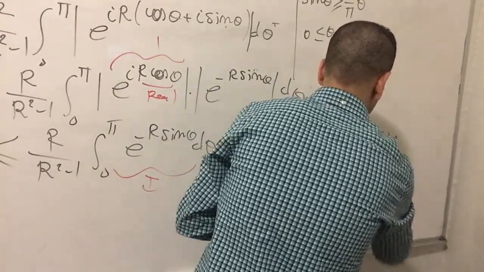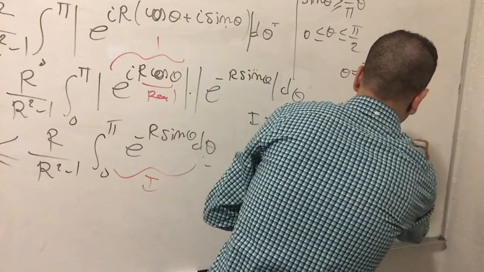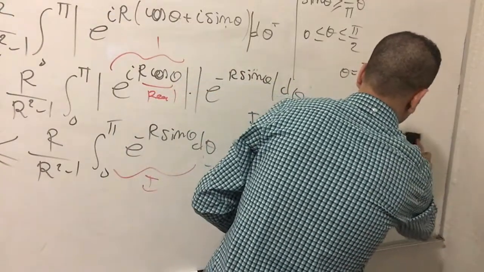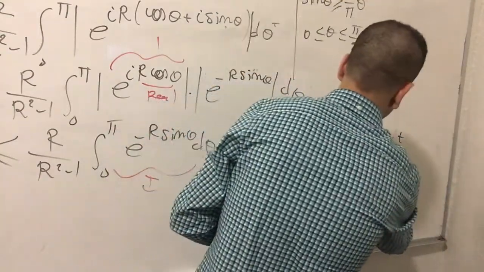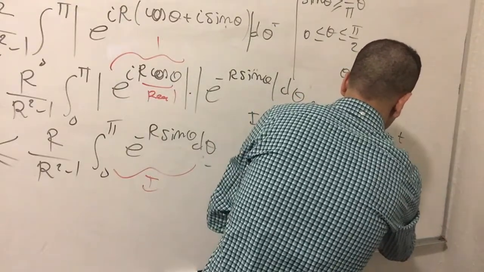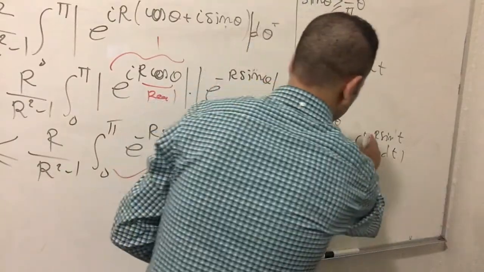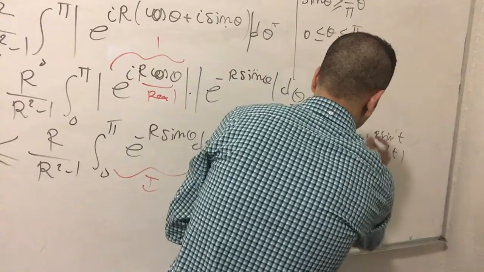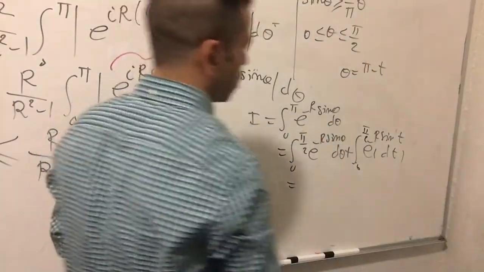Okay, so theta equals pi minus t. Sine of pi minus t becomes sine t. This d theta equals minus dt. I'm taking this minus outside. I'm going to switch these bounds, so it becomes from 0 to pi over 2 by taking this minus sign.